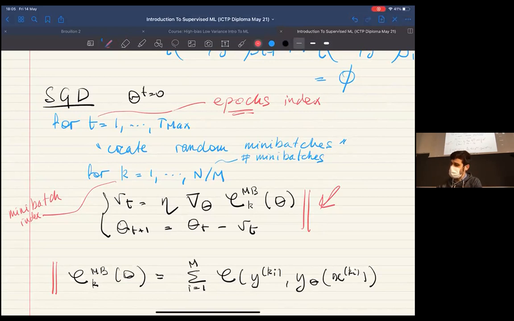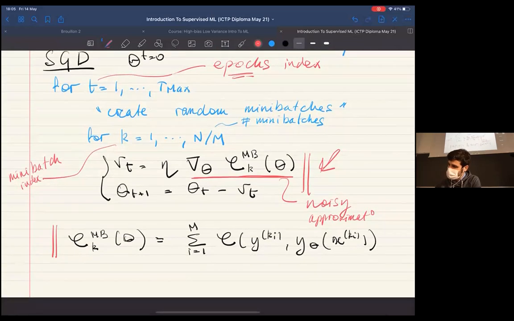Okay, so these gradients here, you see, is a kind of noisy approximation of the true gradient.